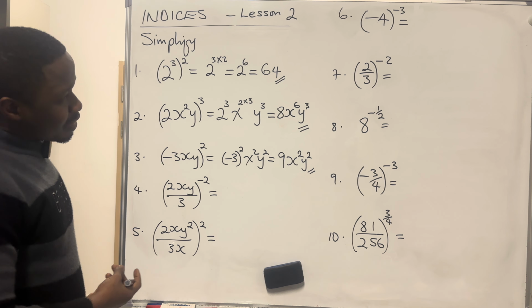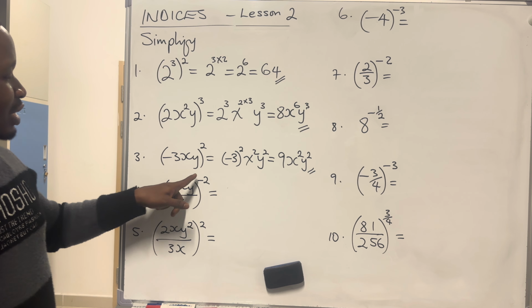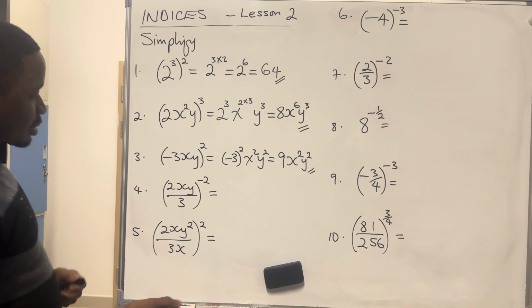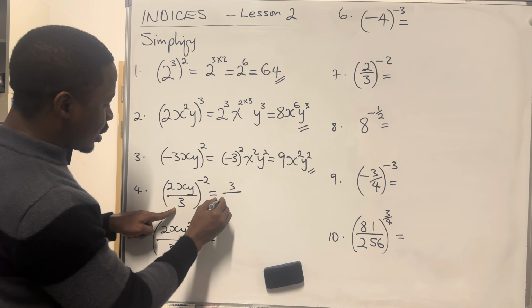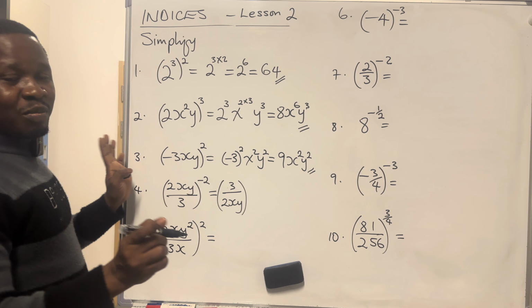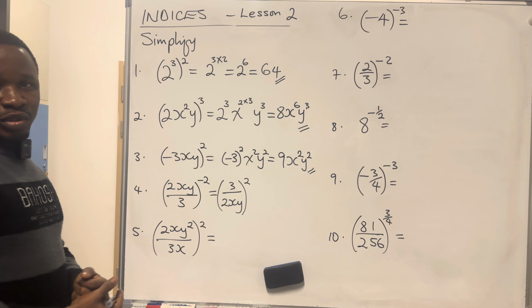Here, remember in our lesson 1, the power is negative. The first thing we do is to consider the inverse. So what is the inverse of this? It's 3 over 2xy. We no longer need the minus. Once we consider the inverse, we ignore the minus.